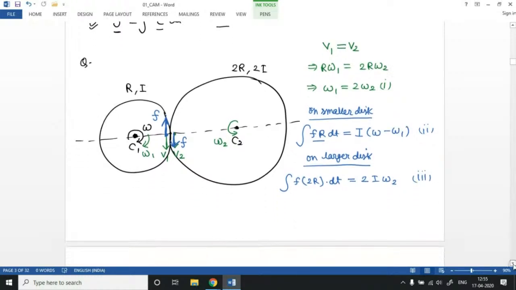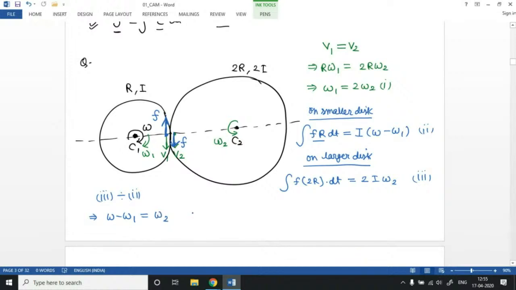So if we divide equation 3 by equation 2, what we will be getting over here is simply omega minus omega 1 will be equal to omega 2.